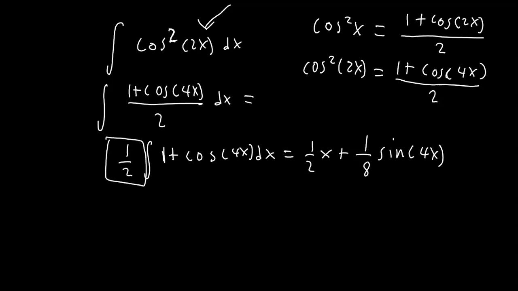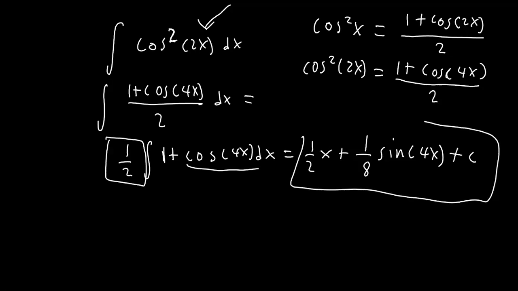So 1/2 times x will give you 1/2 x, and then 1/2 times the integral of cosine of 4x will just give you 1/4 times sine of 4x, and then 1/2 of that would be 1/8. Okay, and remember to put the plus C here. So that's your answer.